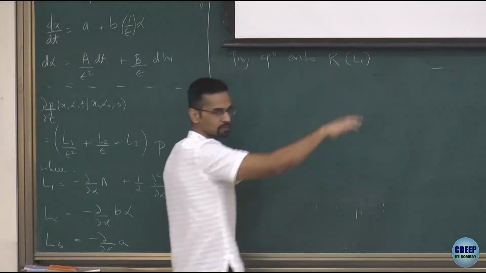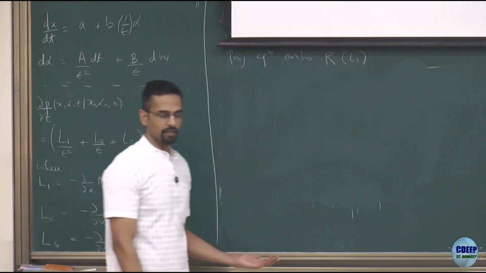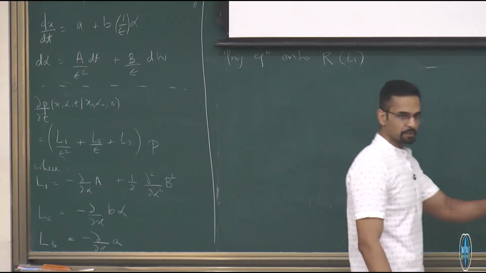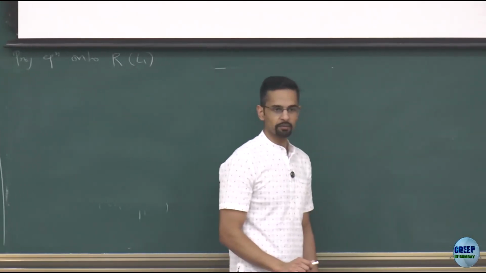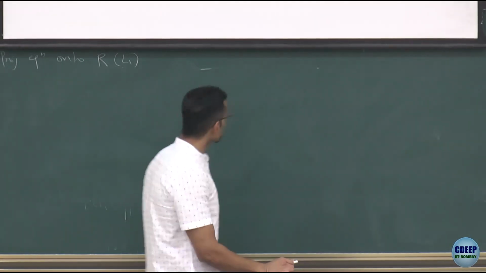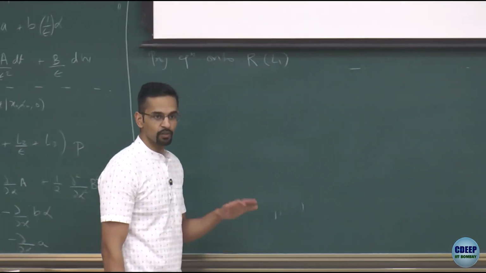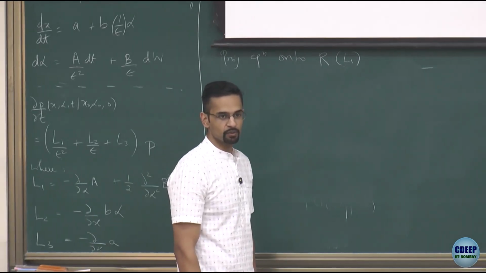We already did the range complement part. So to get the range of L1, what we should do is take the full equation and subtract out the range complement part. That's all. But now I'm going to make my life simple by saying I'm only looking for p tilde at order epsilon.